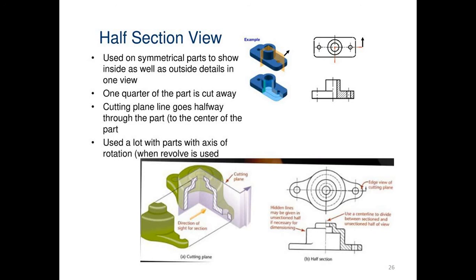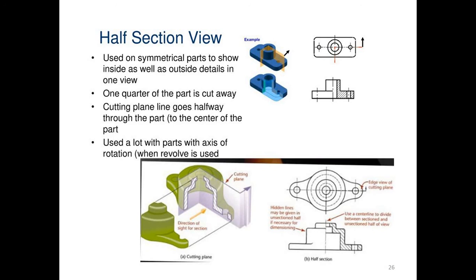In the orthographic view, the half section view is there. Then the right portion of that half view shows the sectional view, because this example is taken for clear indication of the inside and outside portion.